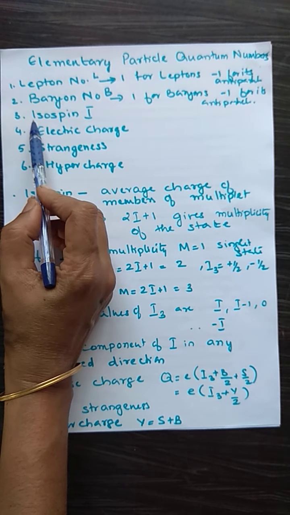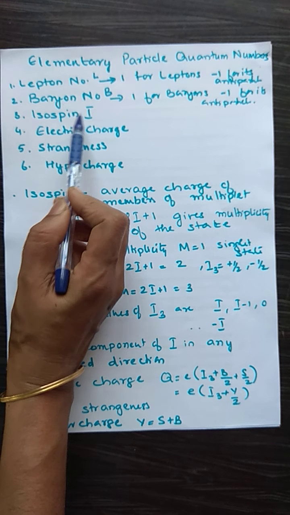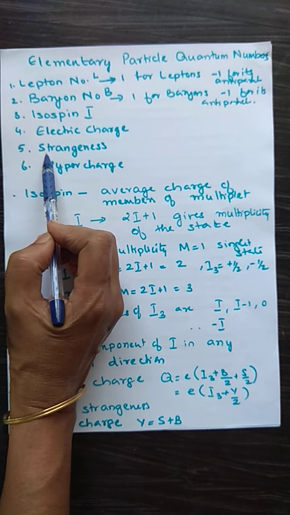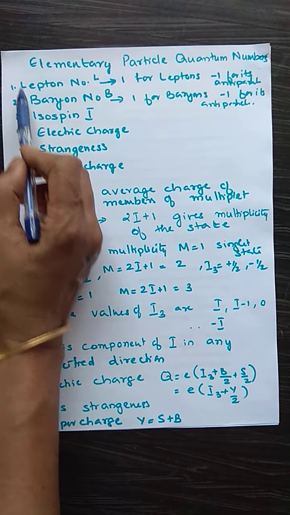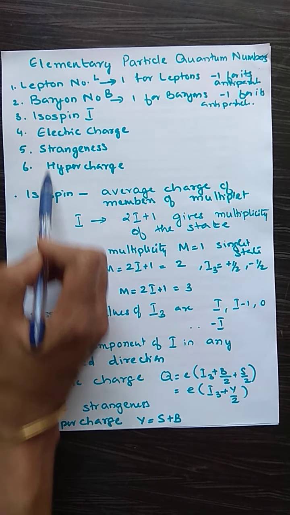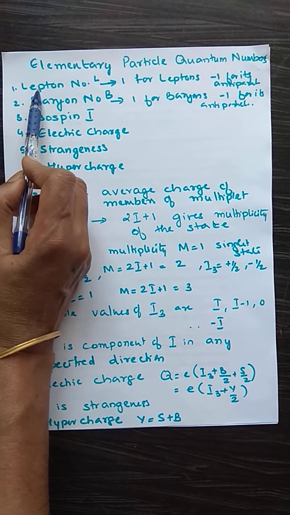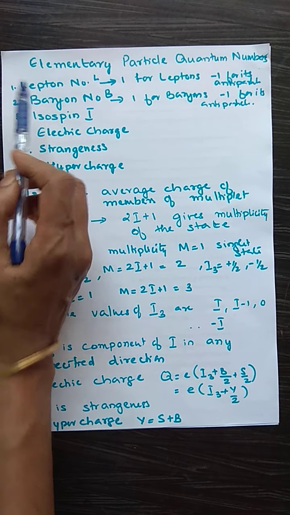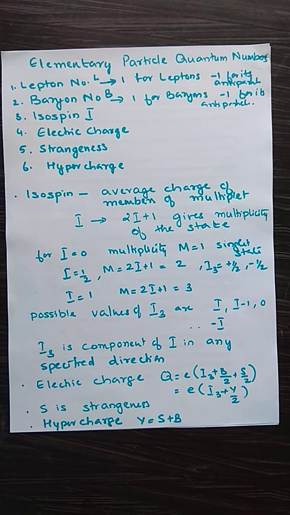Then other quantum numbers are isospin, electric charge, strangeness, and hypercharge. So these are the quantum numbers associated with the elementary particle. I'll discuss each of these. Lepton number we have already discussed. We have the lepton number corresponding to the electron, Le, the lepton number corresponding to the tau particle, and the lepton number corresponding to the muon. All these we discussed in the previous class.